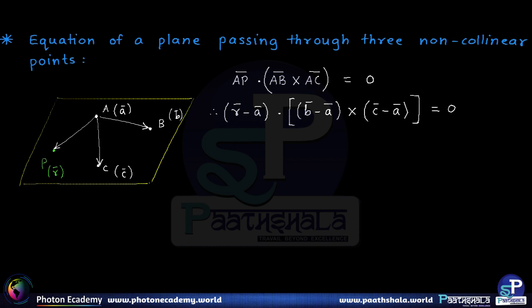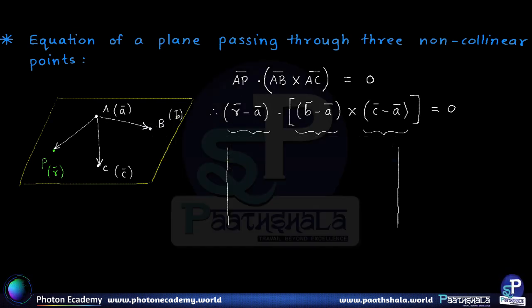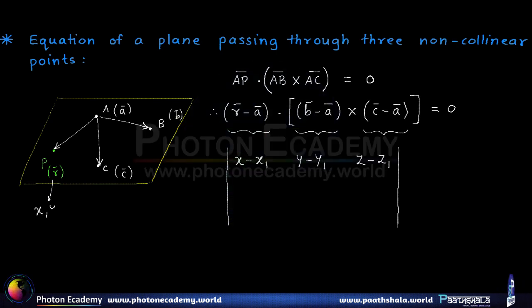We will of course expand this and get the final result, but the easier approach to directly get the equation is this. A scalar triple product is calculated as a determinant in which the first row is the coefficients of the first vector, so R minus A bar stands for X minus X1, Y minus Y1 and Z minus Z1, because the general point has coordinates XYZ.